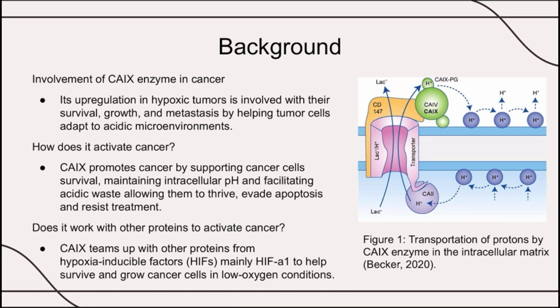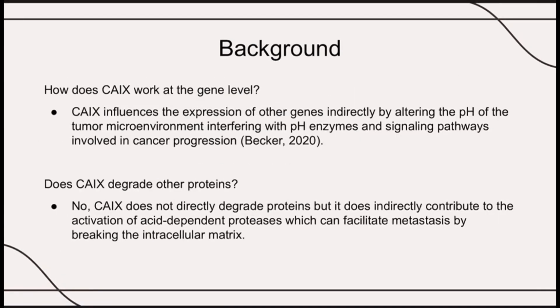Our enzyme also teams up with other proteins from hypoxia inducible factors, mainly alpha-1, to help survive and grow cancer cells in low oxygen conditions. So our enzyme works at a gene level, influencing the expression of other genes indirectly by altering the pH of the tumor microenvironment, interfering with pH enzymes and signaling pathways involved in cancer progression.